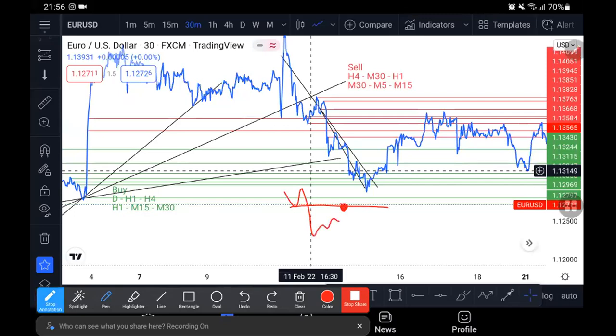When the price comes to that area and it doesn't give the momentum that we want, we only put the divergence trend line after this has failed. I mean, there is no momentum over here, and then we can put the divergence trend line, because the divergence trend line originates from the MACD, the moving average convergence divergence indicator.